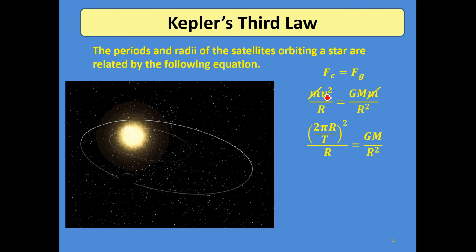The velocity is equal to the circumference of the orbit, the linear distance of the entire orbit, divided by the time it takes for that rotation to occur. And that's the definition of period: the time it takes to repeat a pattern, and the pattern is going around a star one time. And so the velocity is going to be equal to 2 pi r over T, and of course, that's going to be squared.